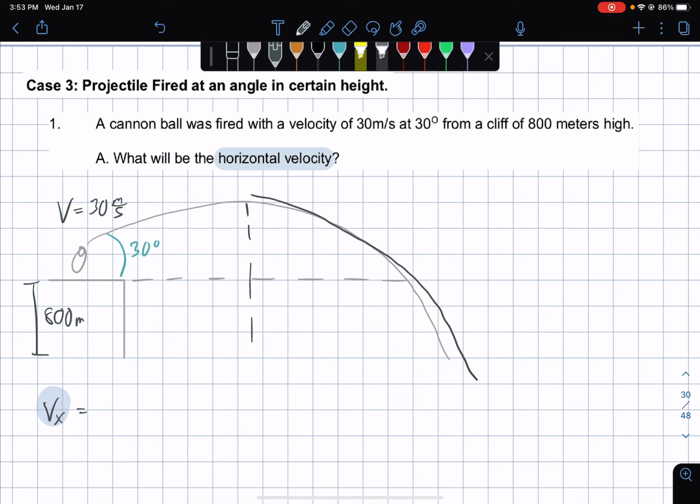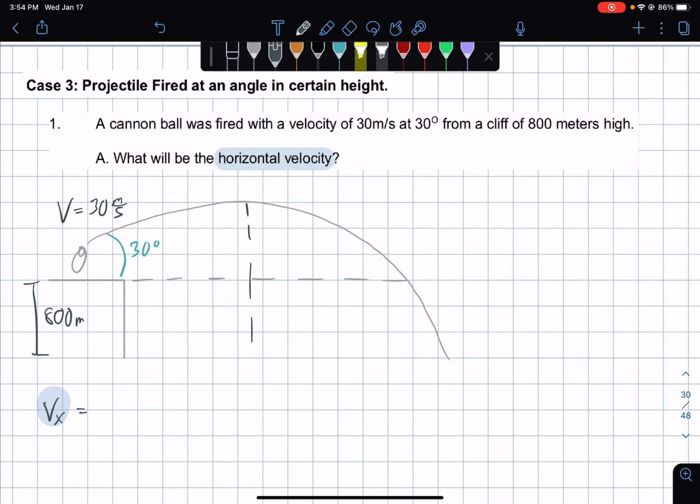The time that it takes for this projectile to go this path, it naturally takes longer in comparison to if you fire the projectile from here to the highest point before it starts to go down.